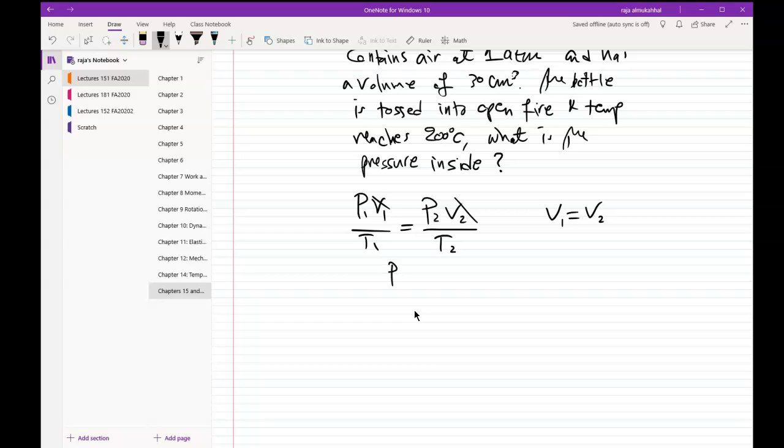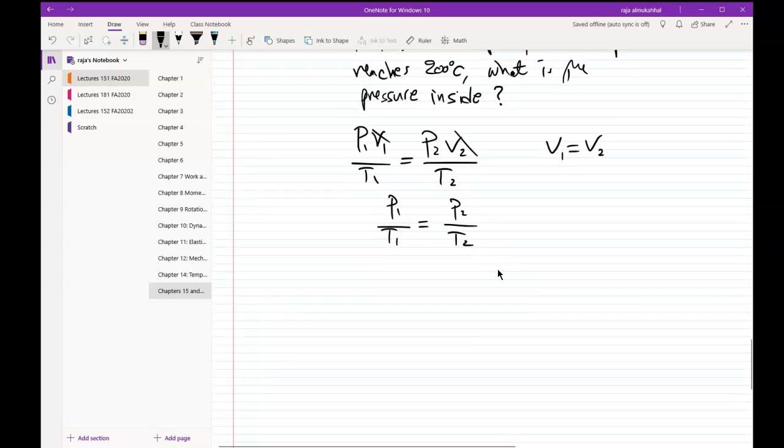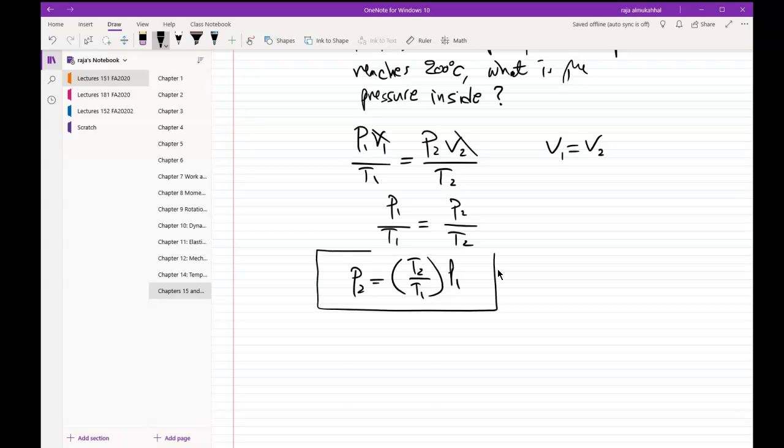So I end up with P1 over T1 equals P2 over T2. And then he's asking for the new pressure, which is P2. So just do the algebra, cross multiply. P2 is going to be T2 over T1 times P1. That's the formula that we're going to be using.